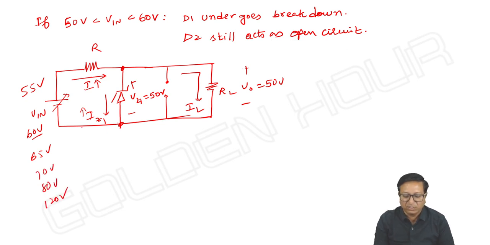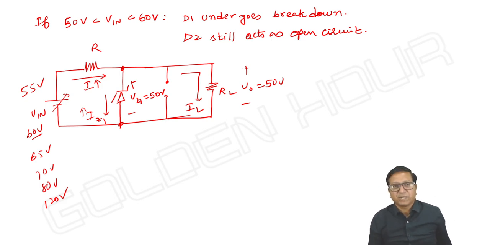Even for 60 also the same thing, for 65 volts also the same thing, and for 70, 80, 100, 120, etc. For all values of input, only D1 can undergo breakdown. Voltage across D1 is 50. The same thing can be seen across the Zener diode D2, so there is no scope for D2 to undergo breakdown.